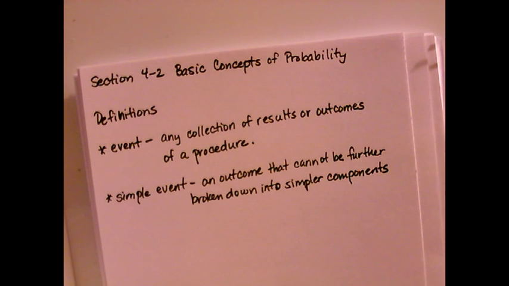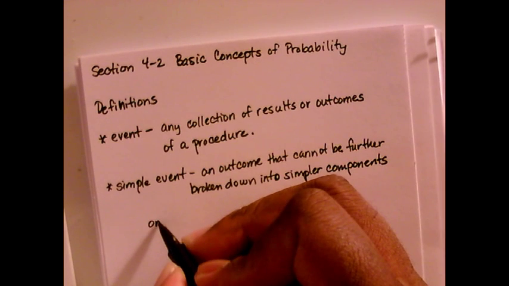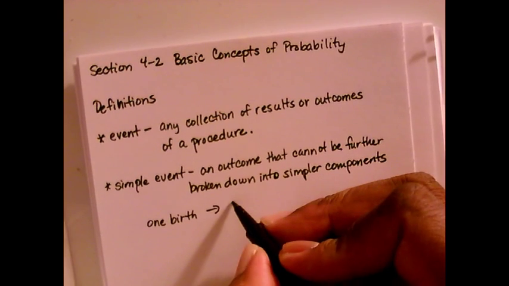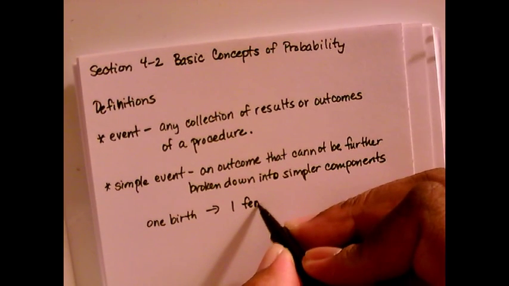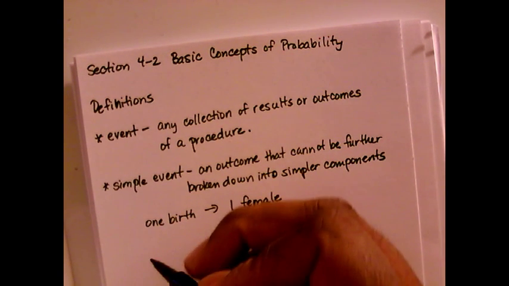Okay. That's what we mean by a simple event. Now, one example of a simple event would be if we have one birth, then the result could be one female. That's considered to be a simple event. Because for one birth, it could be either a male or a female. So that means that an event cannot be broken down into more simpler events.